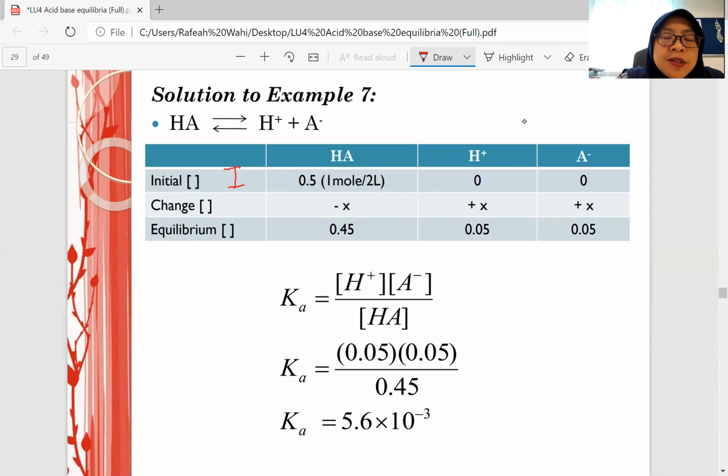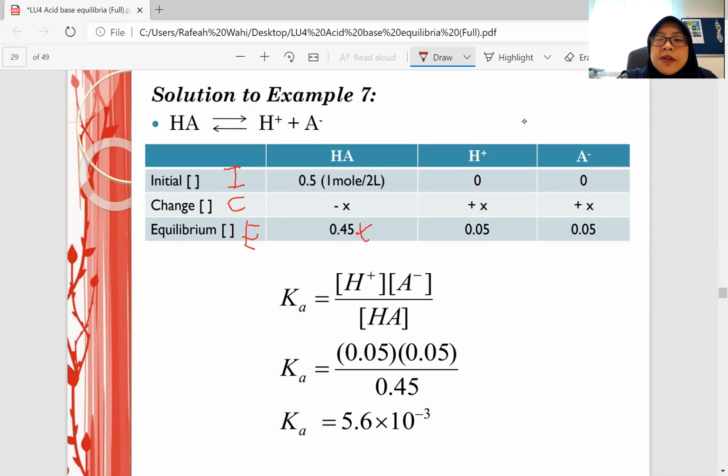We don't have any information for how much change in concentration has occurred during the dissociation process. So we put it as negative X because the weak acid loses some concentration during the process. So the equilibrium concentration for HA is 0.5 minus X, which is 0.45.